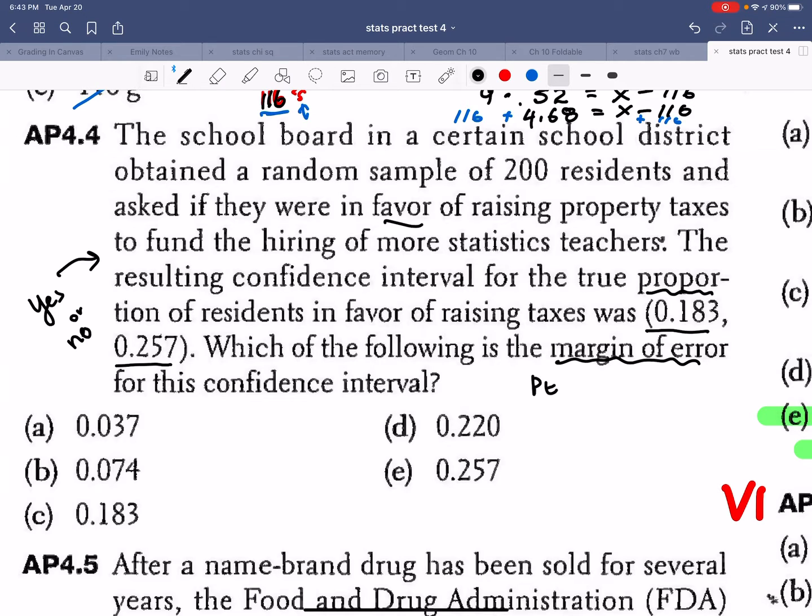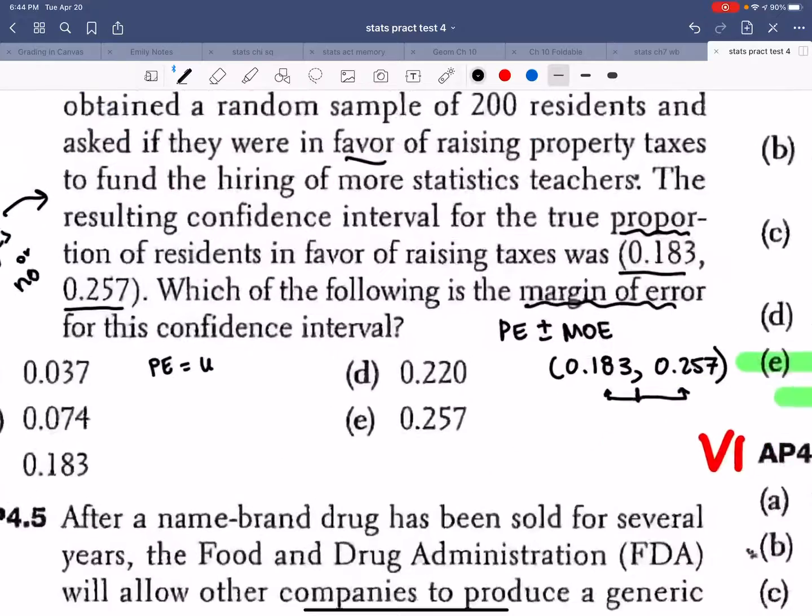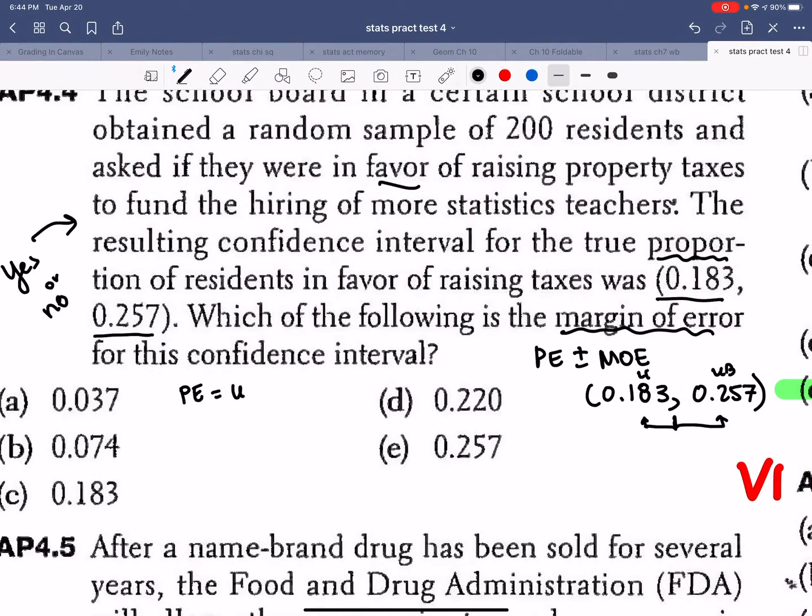So our notes say that we have a point estimate plus or minus our margin of error. You could logically figure out what number falls in the middle, and it looks like it's 0.21, 0.22, and then figure out the distance on either side of that. But we do have a formula that's useful. To find the point estimate, which they don't ask for here, you just find the average: if this is our upper bound and our lower bound, you add the two and divide by 2.